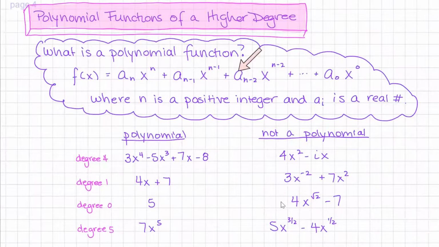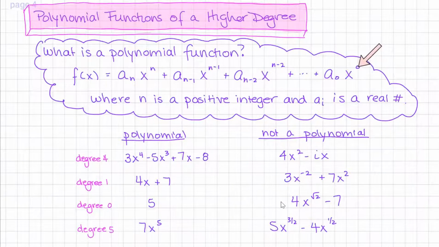And this is a formal definition for what a polynomial is. But what this is all saying, oh my God, there's so much. So let's look, n is a positive integer. N is in the exponents. So it's saying that our exponents have to be whole numbers. I do have an exponent here of 0.